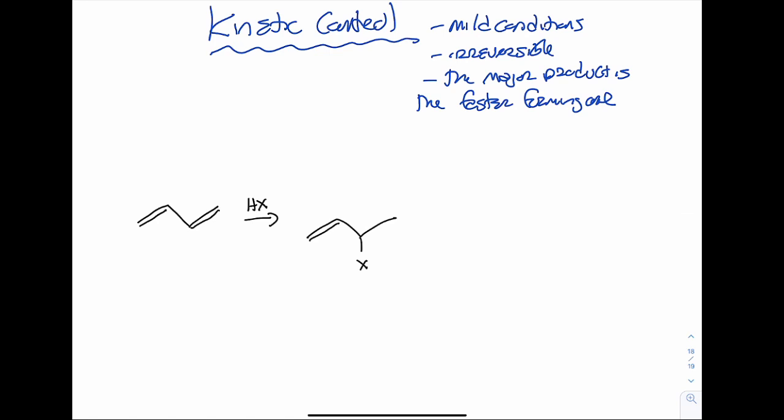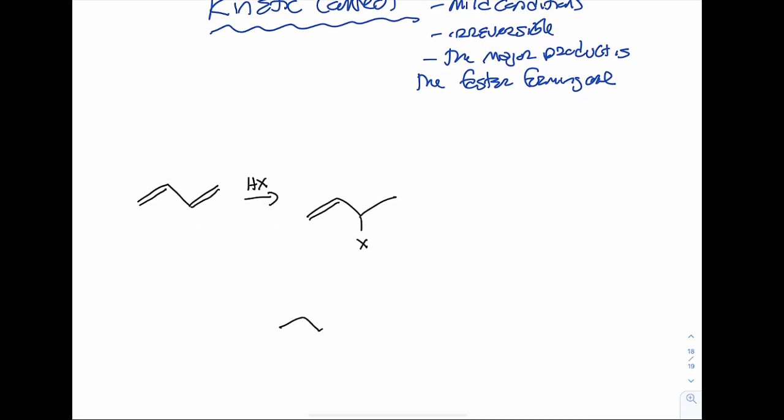However, the intermediate, when I did this one, I would have gone through this as an intermediate, and this intermediate has resonance. Resonance is not going away. So now my halogen can actually add to that carbon. So I end up with this product also.